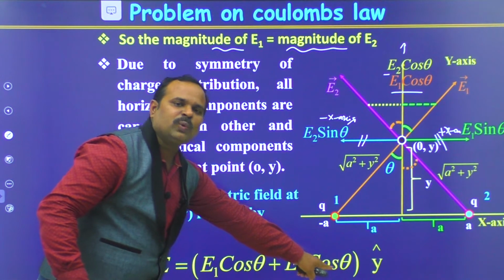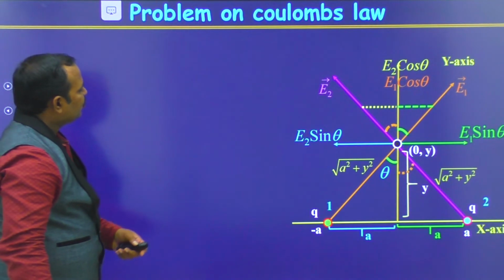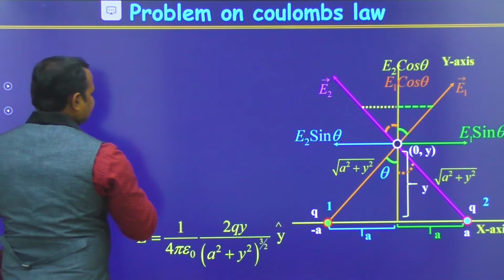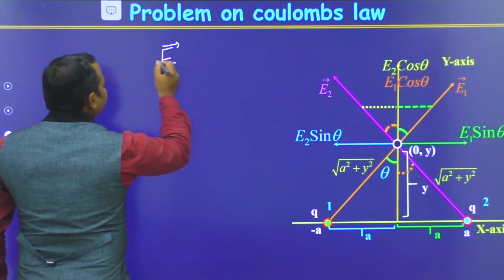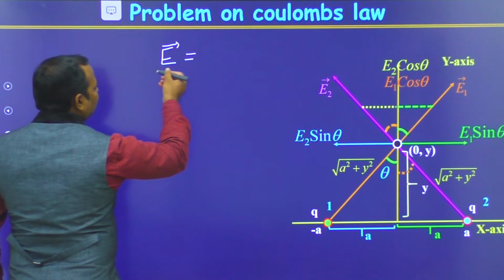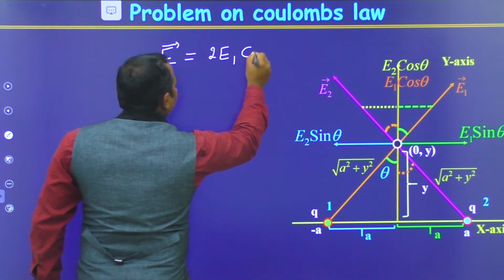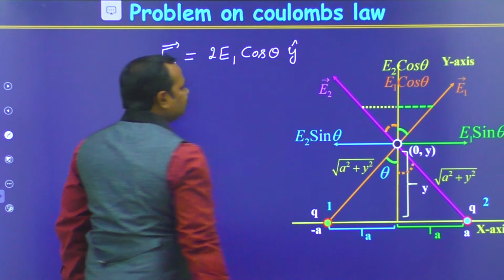This direction is Y direction, so Y cap. Now since E1 is equal to E2, we can even simplify this. E bar is equal to, this is the field at 0, by 2E1 cos theta Y cap.